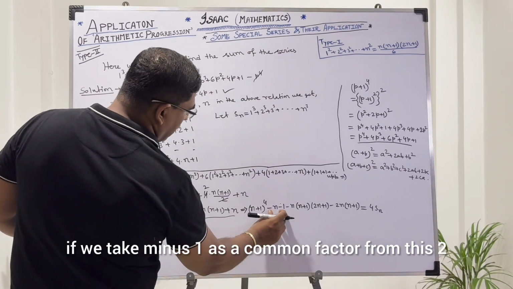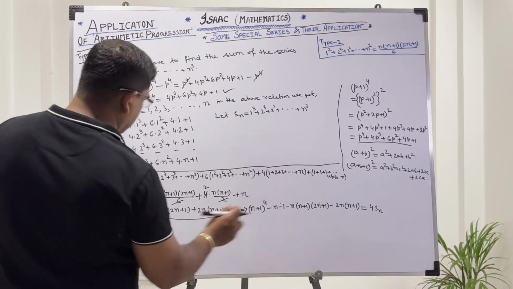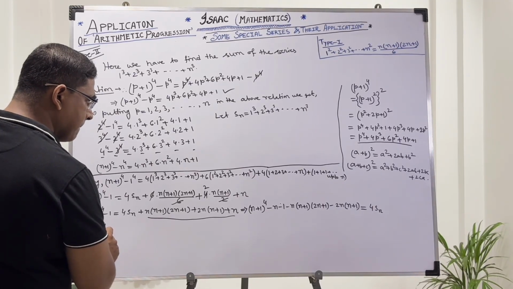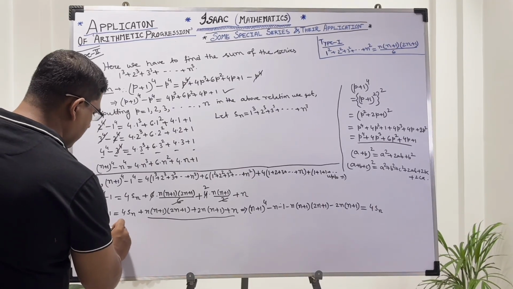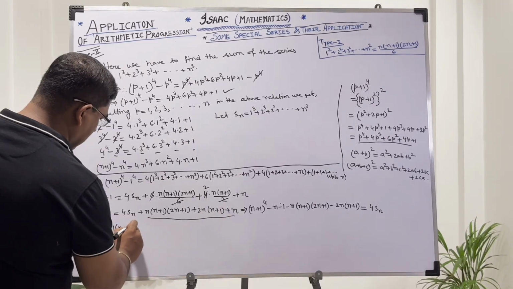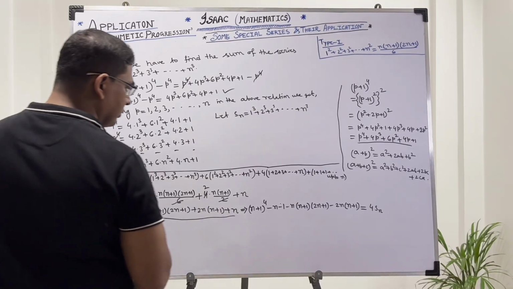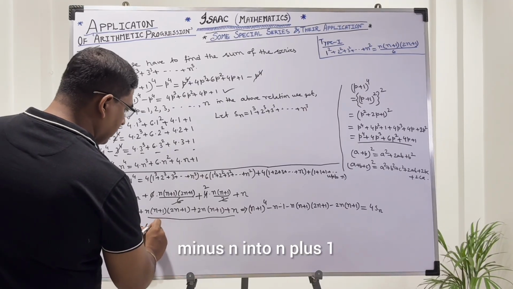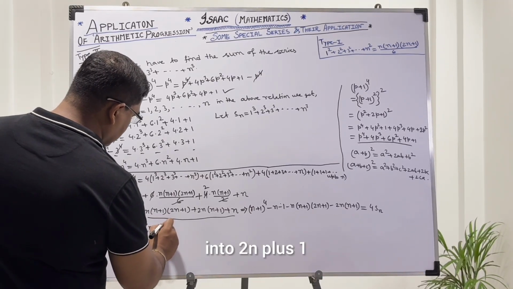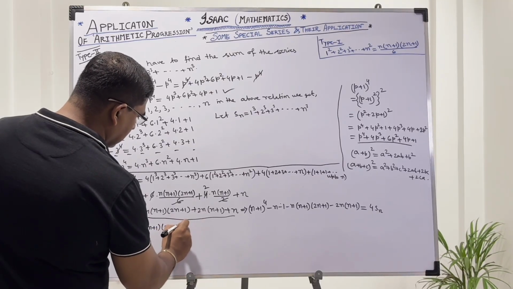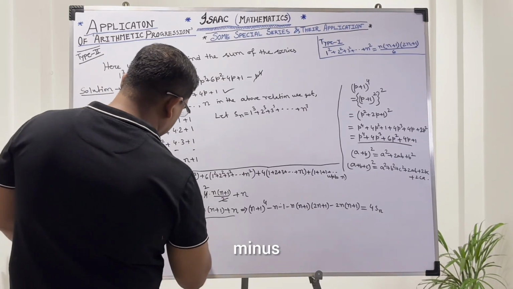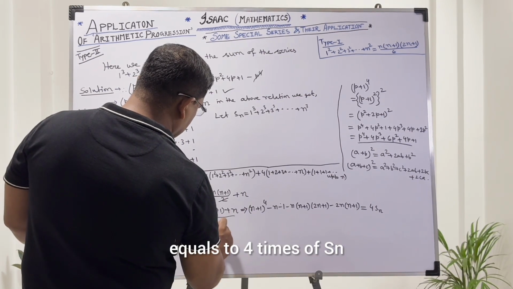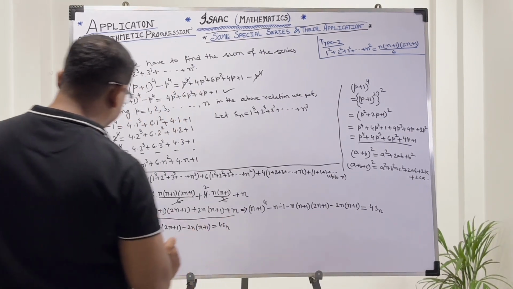So (n plus 1) whole to the power 4. If we take minus 1 as a common factor from these 2, then this will be minus 1 into (n plus 1), minus n into (n plus 1) into (2n plus 1), minus 2n into (n plus 1) equals to 4 times of Sn.